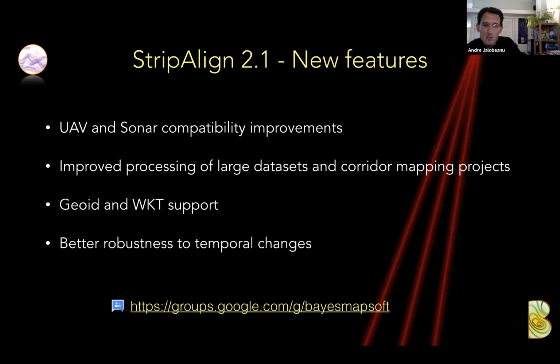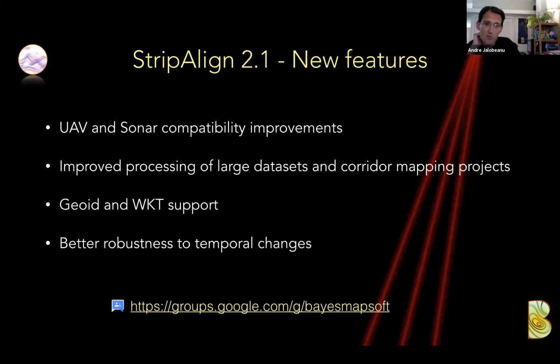We also added support for WKT and many projections and geoids. And better robustness to temporal changes, because that's something that happens. You want to align data taken different months, different years, different seasons with different water levels. So this works out very, very fine now.